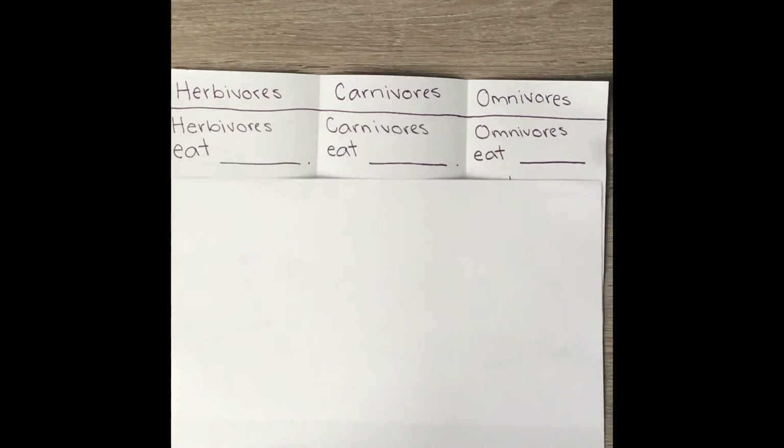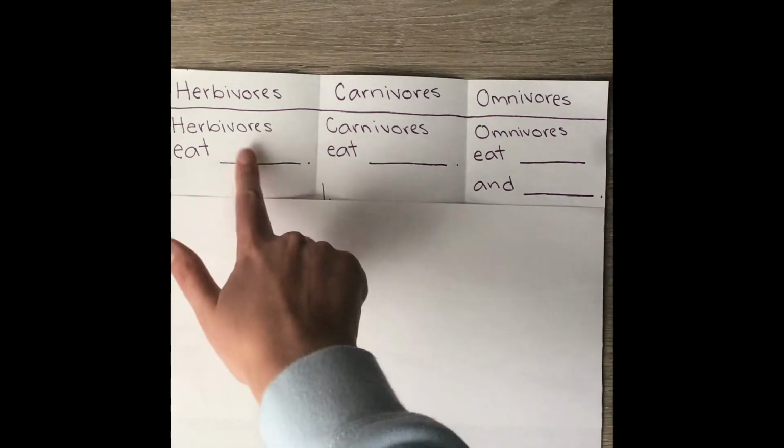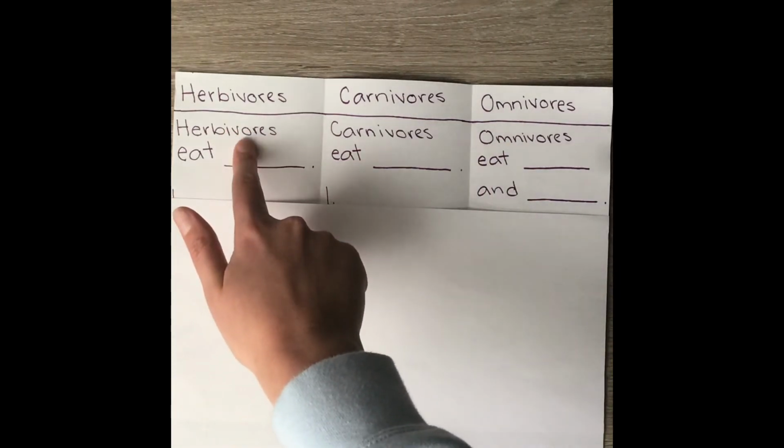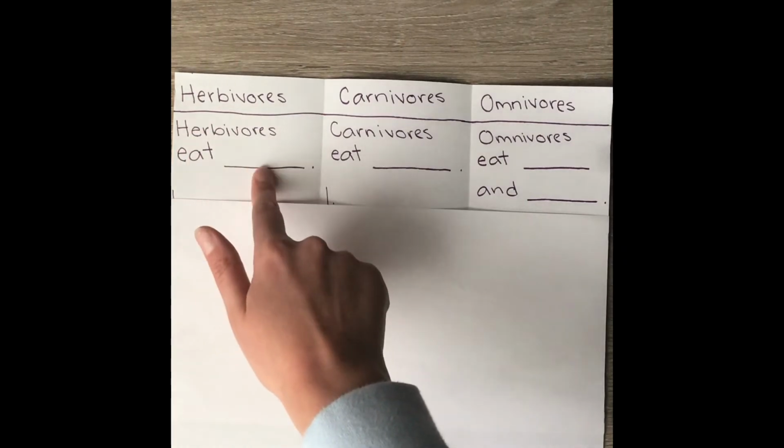Underneath our titles, we are going to write down our sentence starters, because while I'm reading, I want you guys to fill in these blanks. So again, if you need to, pause the video and write down our 3 sentence starters. I'm going to read them out loud, so be listening. Herbivores eat blank.